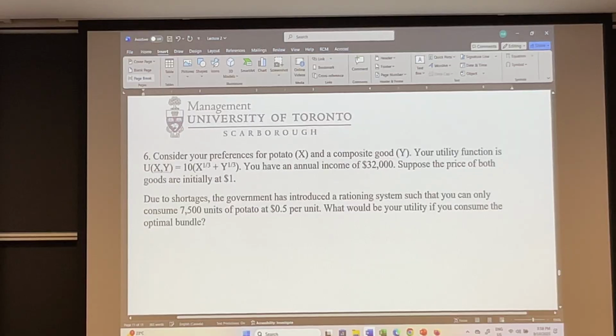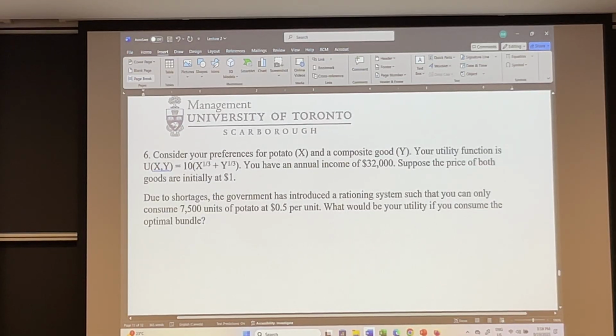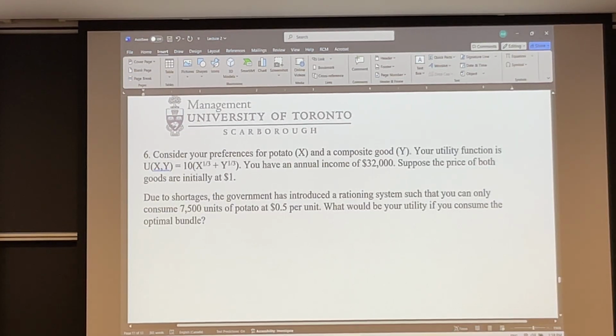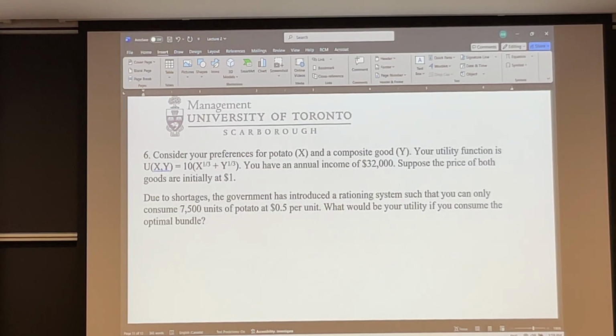Question for you. What's the name of that utility function? Is it class number 1, 2, 3, or none of them? Is it one of the popular ones? This is CES.